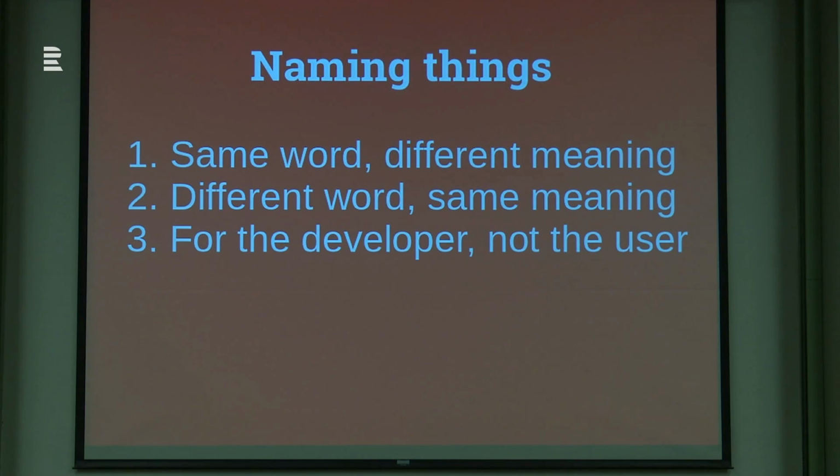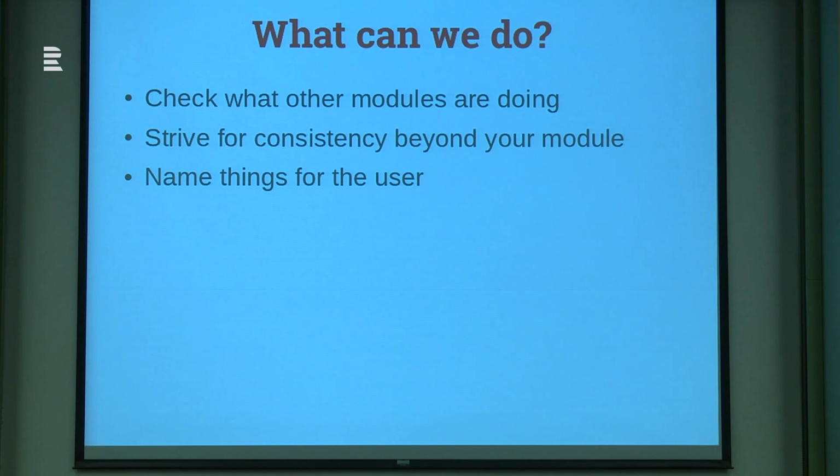And then sometimes we also have words where you think they're actually more meant for the developer. They might refer to their company name or some kind of quirky joke. But actually when you name something, you really need to name it for the user. So what module developers especially can do, I think, to improve usability here is to check what other modules are doing. Because module developers might just work with their one module.